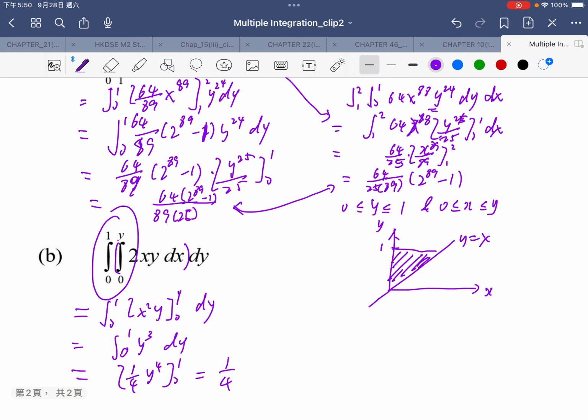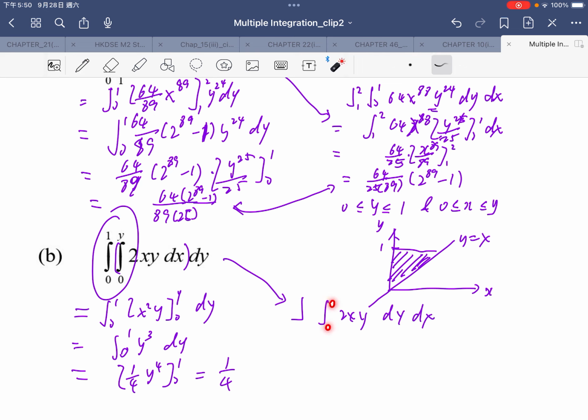But if we change the position here, to dx dy, then we have to change the corresponding domain. For y is 0 to 1 and x is 0 to y.